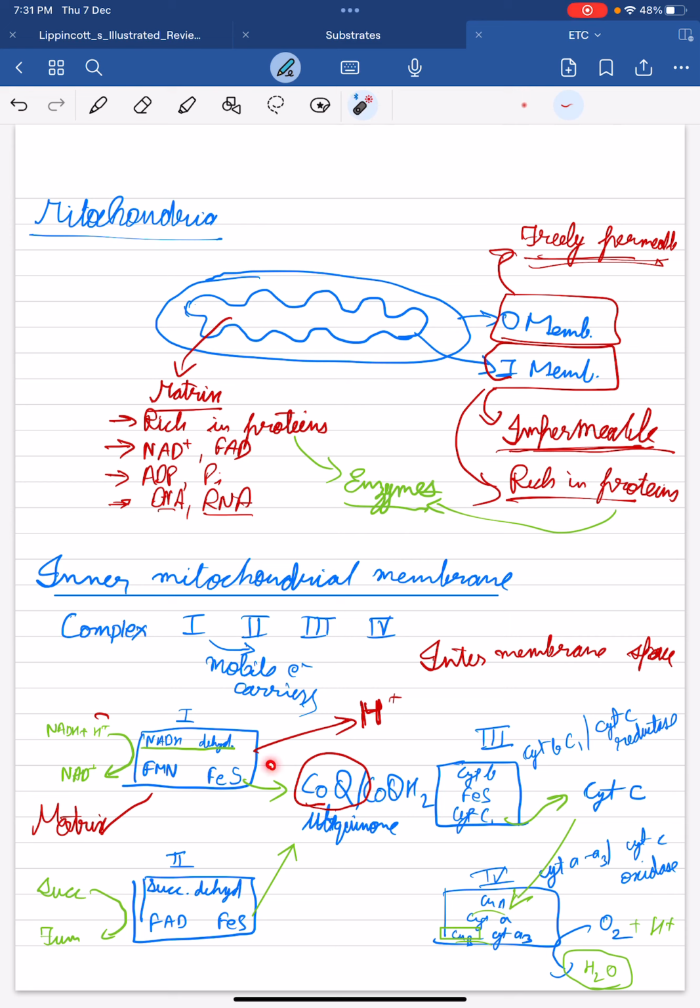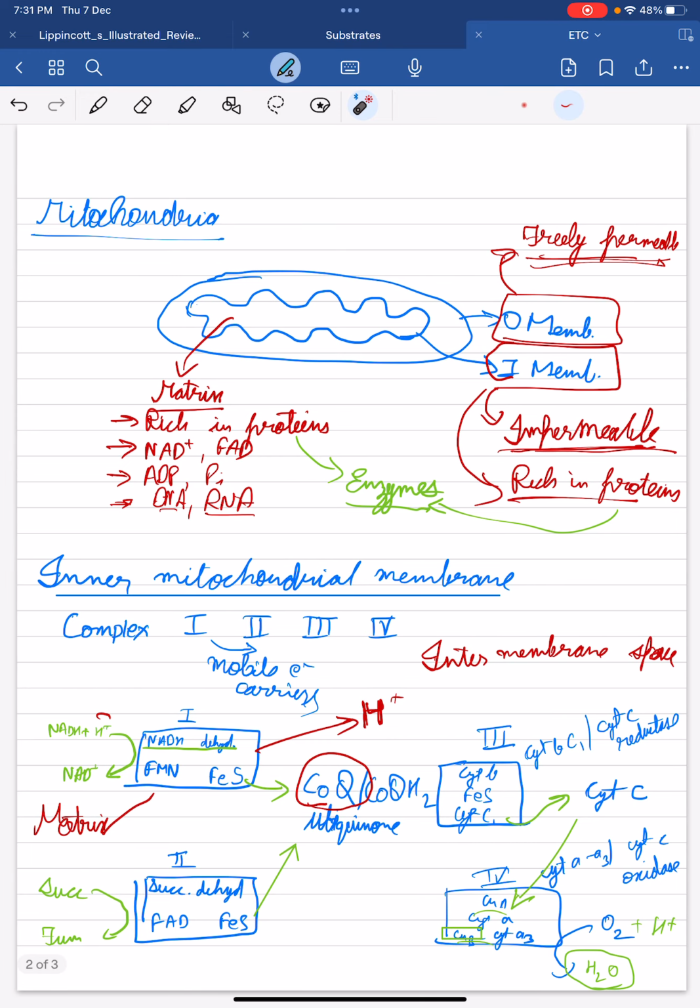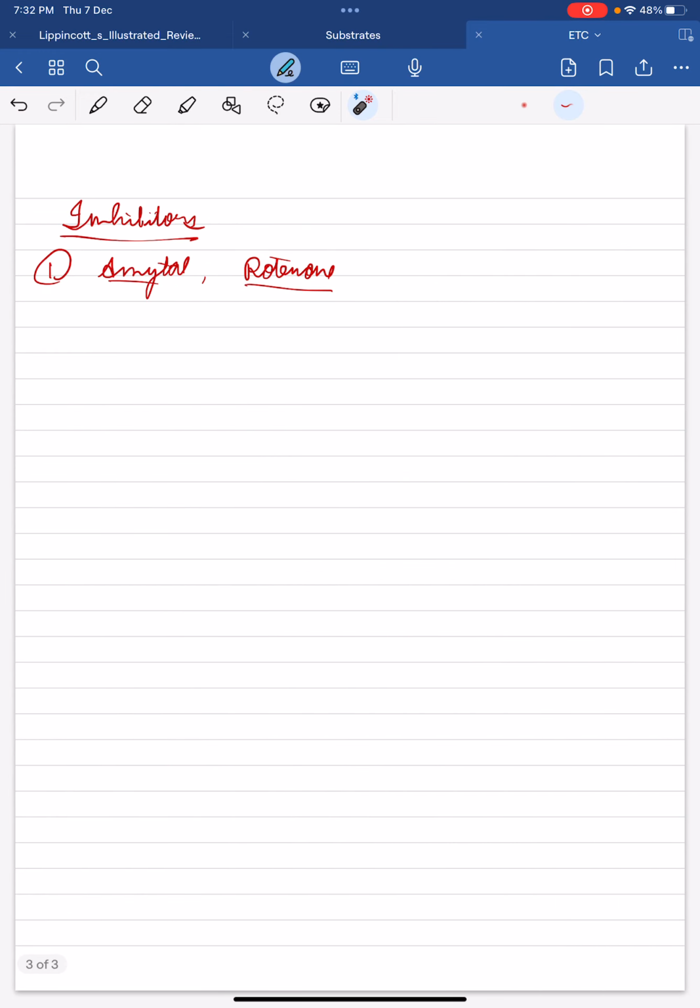That is, they interrupt this process. So what they are doing is, from complex 1 to coenzyme Q, they stop this transfer.